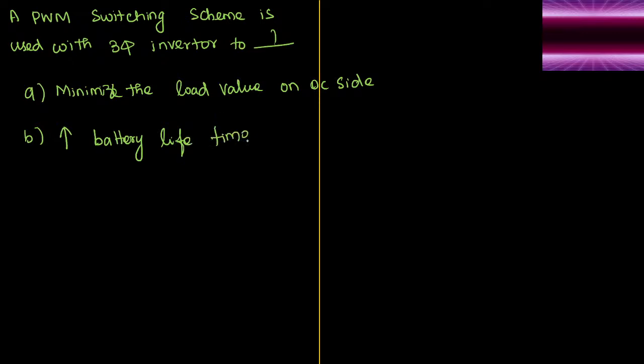The third one, it is reducing the total harmonic distortion. Option D, it is reducing the lower order harmonics, LOH means lower order harmonics, and increasing the higher order harmonics.